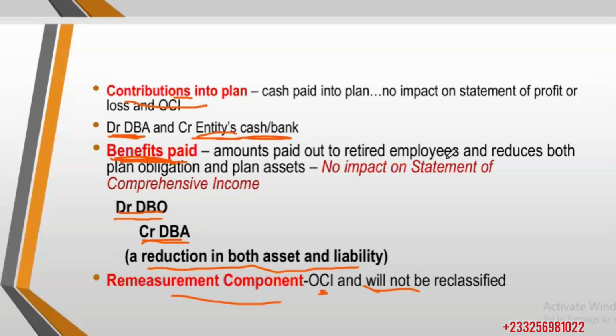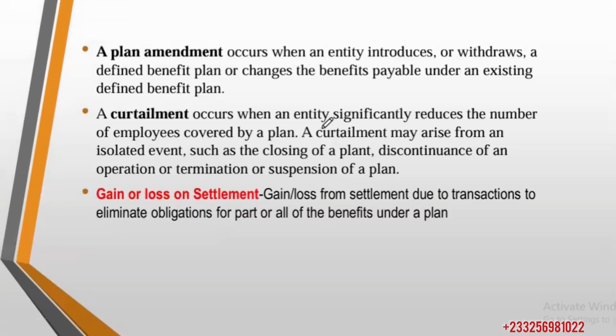If you have 20 people covered by the scheme and you pay 4 people, it is going to reduce your liability as well. And we picked money from the assets, so the asset was reduced. And there's no impact on the statement of other comprehensive income, and it also has no impact on the P&L as well. Right. So these are the components.